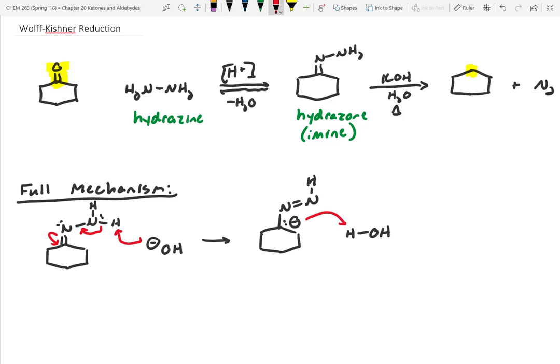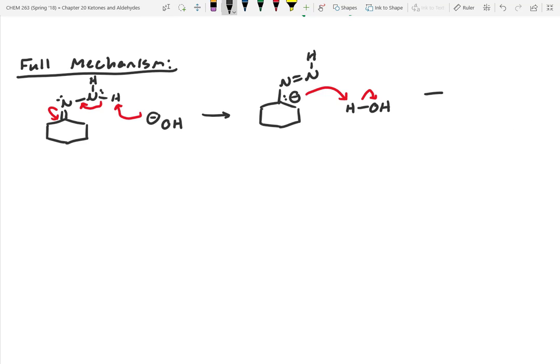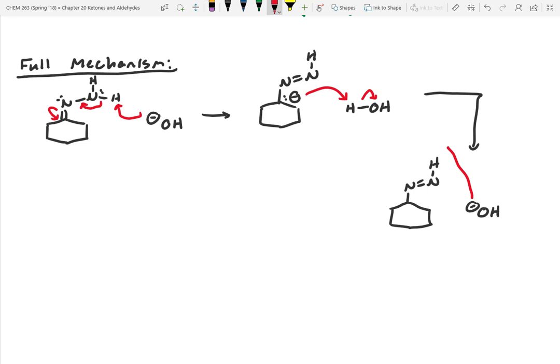And this carbon will really quickly steal a proton back from water to regenerate your base. So now we've got our base back. The base can do the same thing one more time with the remaining proton.